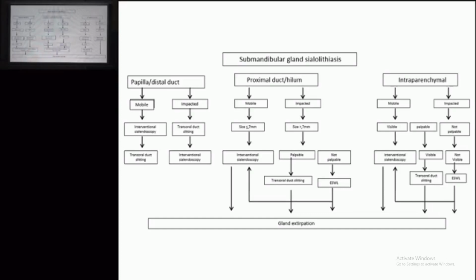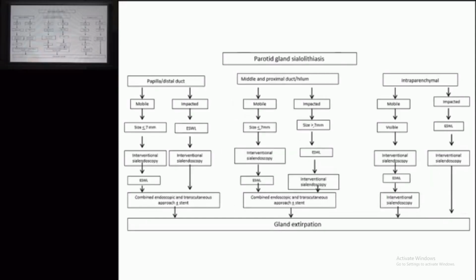If it is in the proximal portion, again depending upon the pathology, in most cases you will be able to instill cortisone, hydrocort, over there, and endoscopically, if required, do the transoral slitting. If it is intraparenchymal, then those are difficult cases where you are not able to see the fibrosis. Then you try and inject some cortisone and hope that it works, and if it doesn't, then in a symptomatic patient, you may need to go ahead and remove the gland.